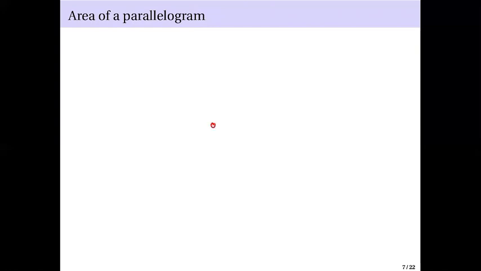For example, this is your vector u, and this is your vector v. So let me put the arrowheads here. You have two vectors with the same initial point. You can generate a parallelogram with u and v as adjacent sides.